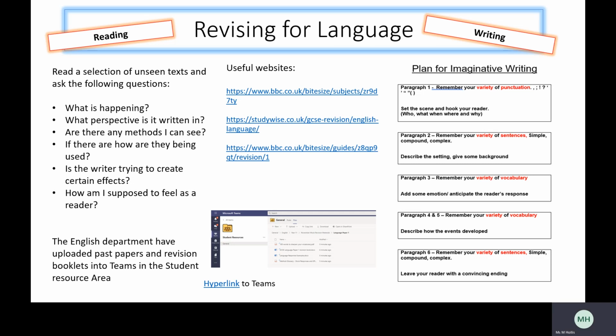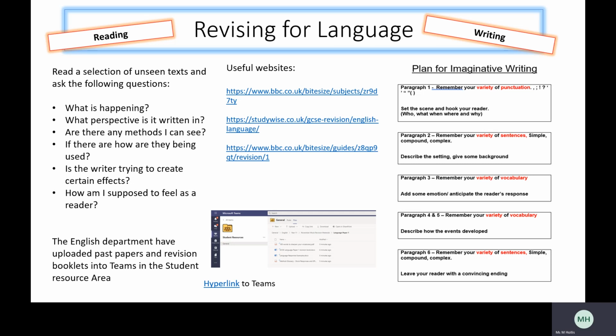Are you writing with a variety of sentences? Are you using a range of vocabulary? And are you using a range of sentence structures to create different meanings? All of these things students can practice independently, and they can also be reading to support their writing as well.